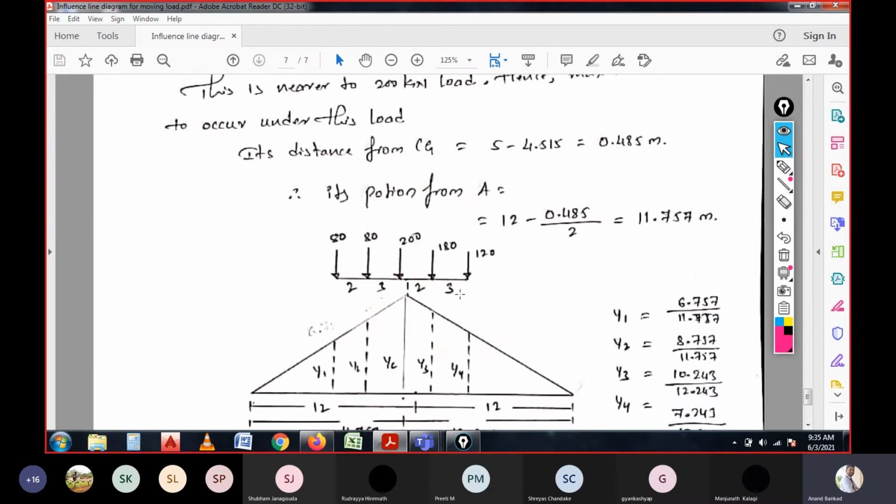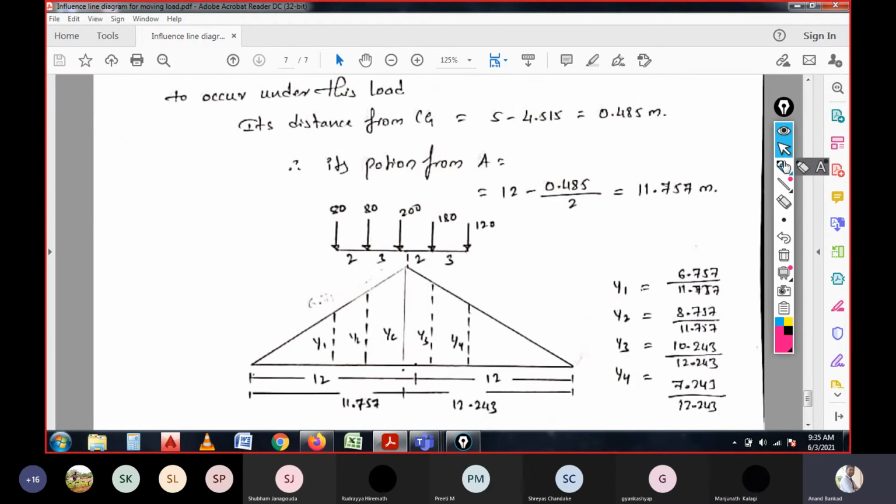Again it is shown in the question. 0.485 is the total distance, and the distance of the CG and its position is already considered from the support A. Same thing as what we considered in the previous problem. So the total span is 12 meter. In the previous problem what we wrote was L by 2 minus the distance by 2.